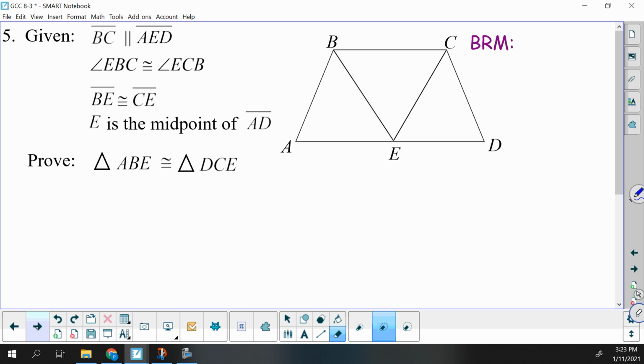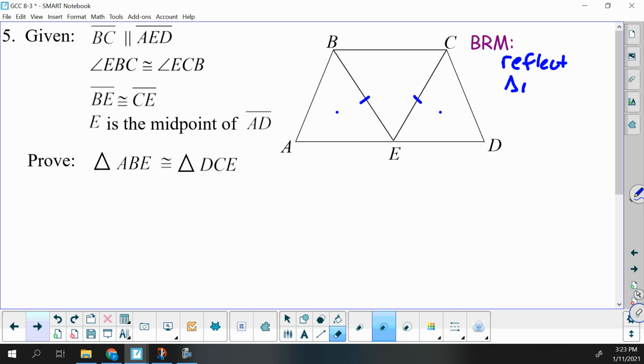All right, the last one for this video, we want triangle ABE, this triangle here, and triangle DCE. Well, BE and CE are going to be congruent. So we're going to want to flip this over. So we're going to reflect, and pick one of your triangles.